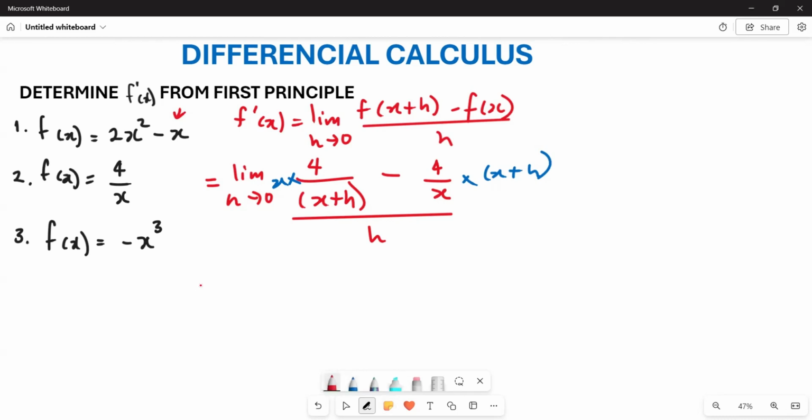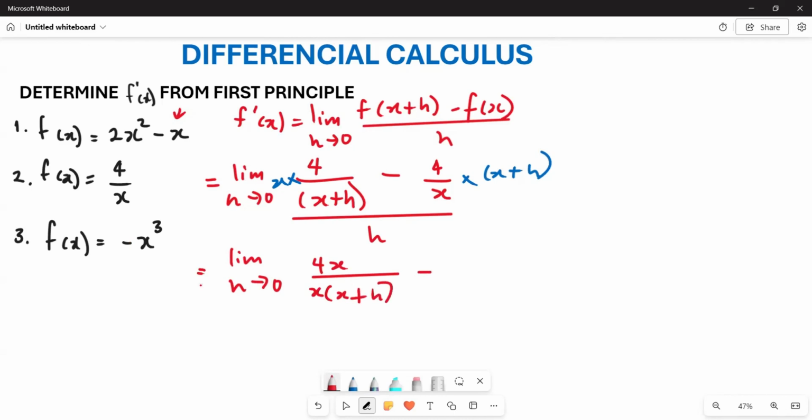Which means now, when I say my limit as h approaches 0, this is the same as 4 multiplied by x. Remember I said I'm going to multiply by x, right? I multiply on both sides. 4 multiplied by x over x into x plus h.